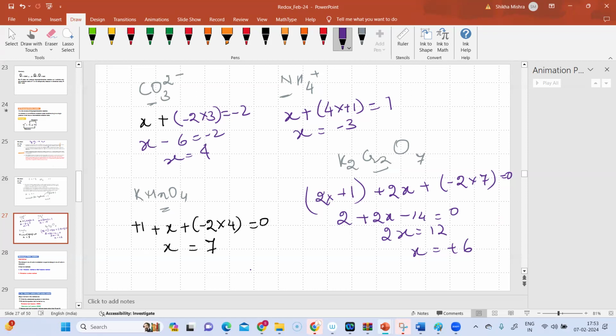Just cross check, is the carbonate correct? Any issues, Ritika? Not able to understand?